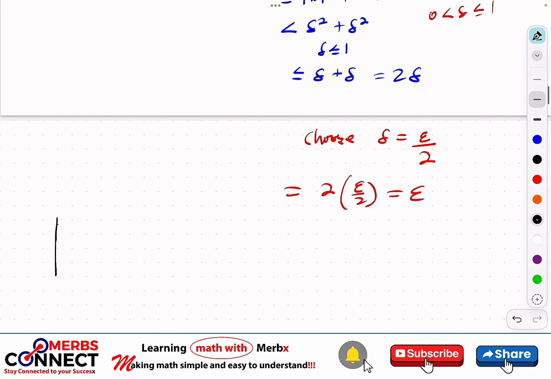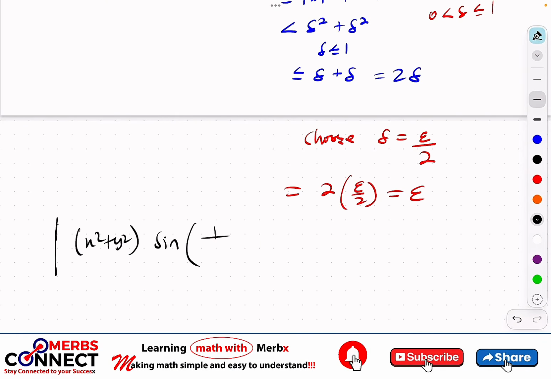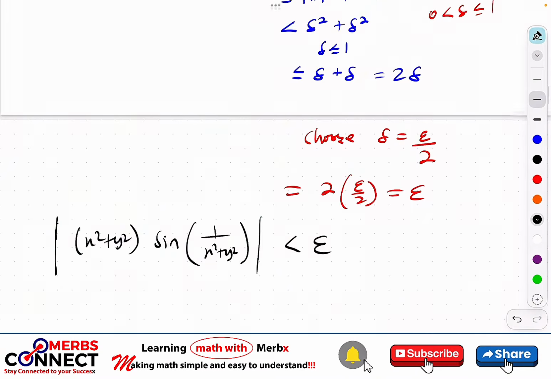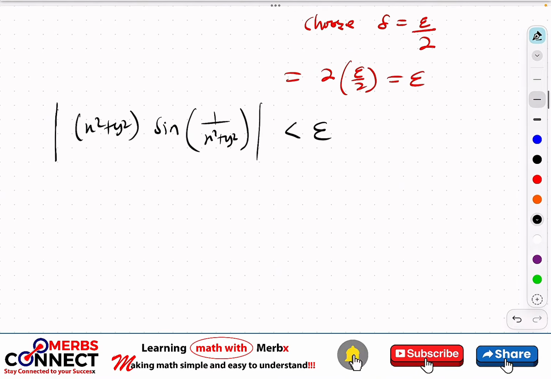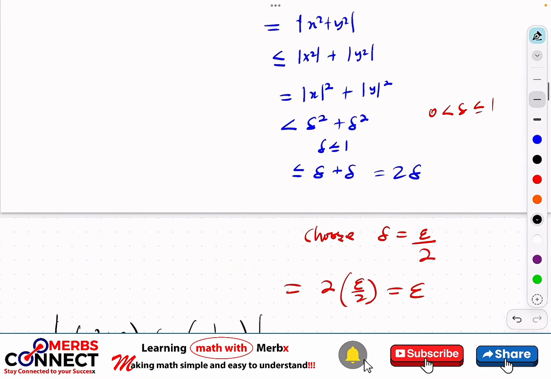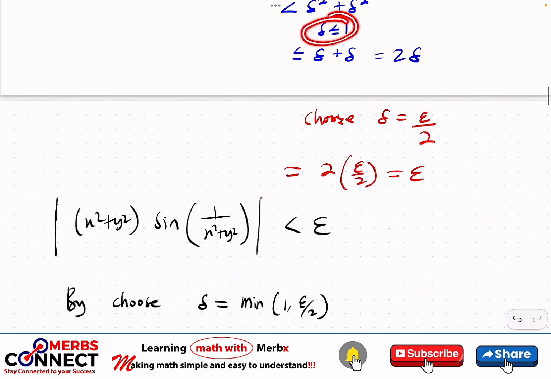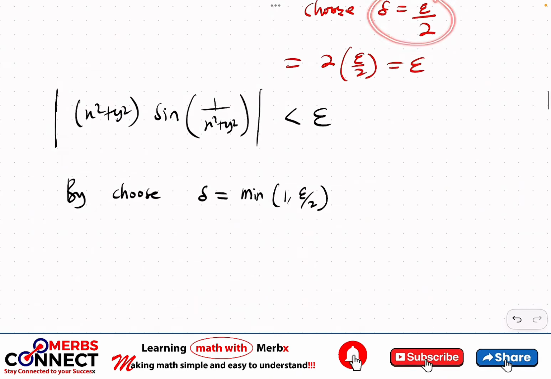We have absolute of x squared plus y squared, sine of 1 over x squared plus y squared. This is less than epsilon. So we are saying that by choosing delta equals the minimum, here we need to choose the minimum because we made 2 choices. We chose this and we chose this. So we need to choose the minimum of these.